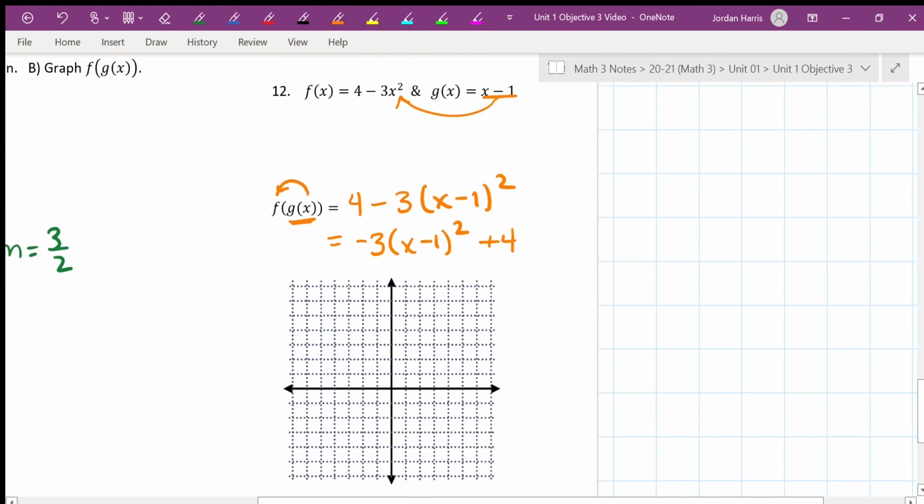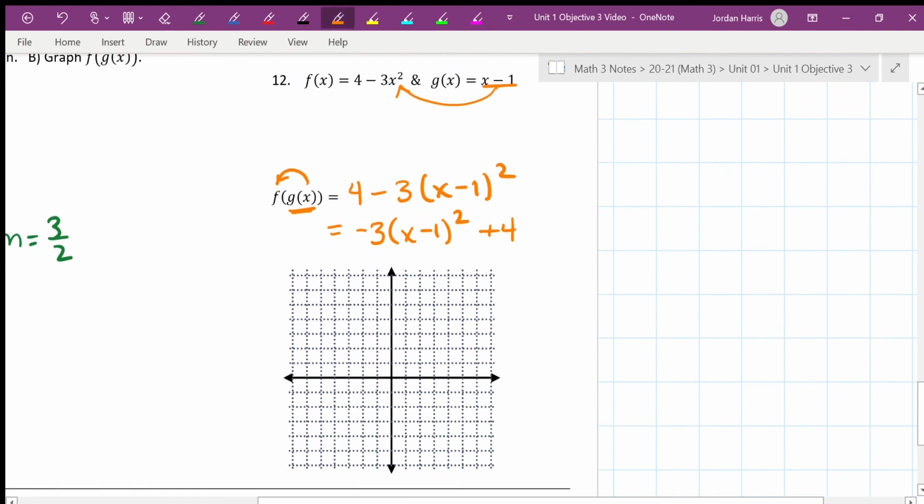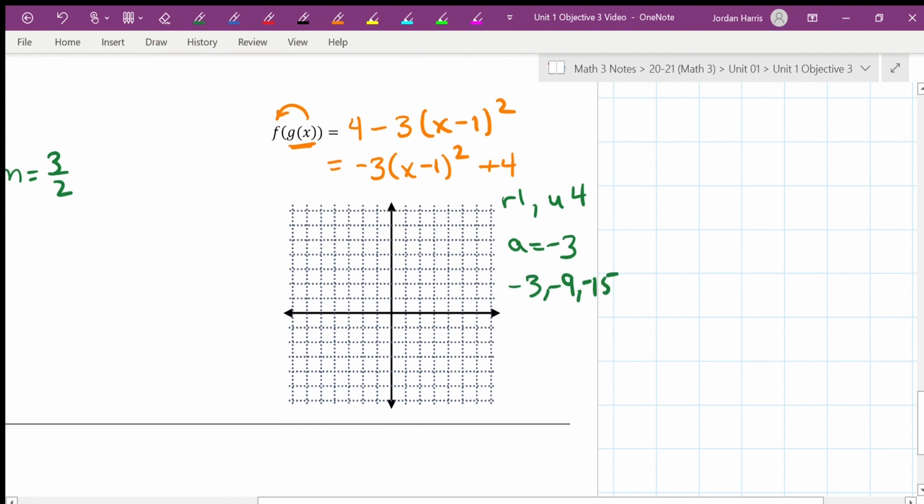Okay, this is a quadratic. It's squared with a right 1, up 4 shift. My a value is -3, so that my 1a, 3a, 5a is -3, -9, -15. The first one's really only going to be the one that fits. It's negative, so remember it's going down. So right 1, up 4.